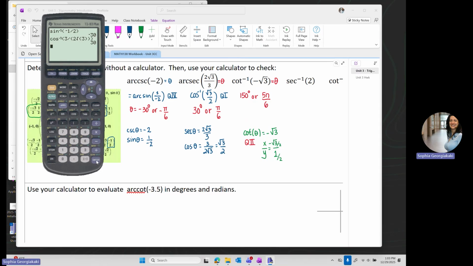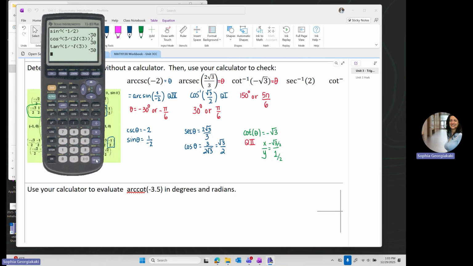Now for the cotangent function, unfortunately, if I had to use my calculator, I would be using the inverse tangent function. If the cotangent is negative square root of 3, the tangent is 1 divided by negative square root of 3. And here is where the two functions will return angles in different quadrants.